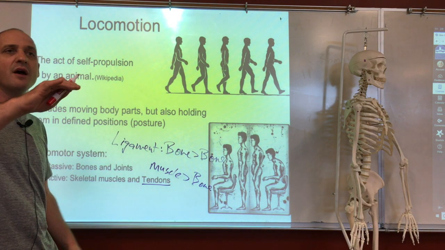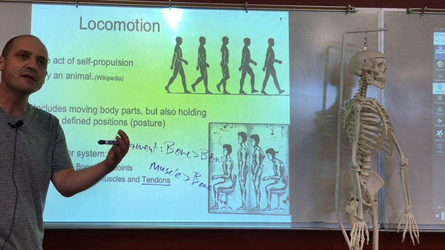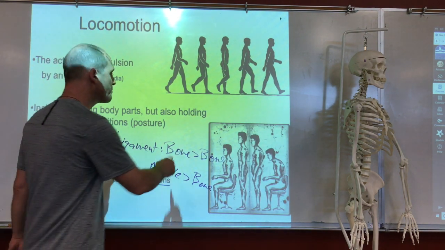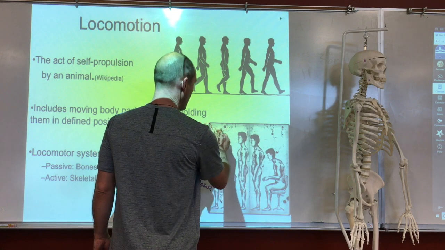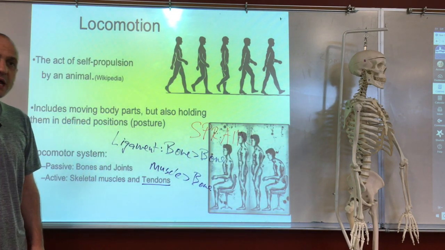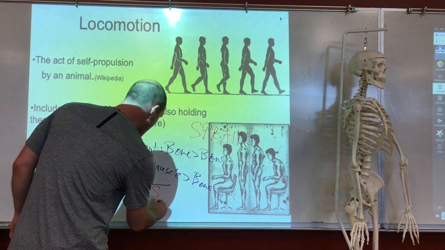If you have an overstretched tendon, no, ligament. So if you twist your ankle, you have an overstretched ligament. We call that a sprain. We might as well just say that now here. We call that a sprain. If we have an overstretched muscle, we call it a strain.